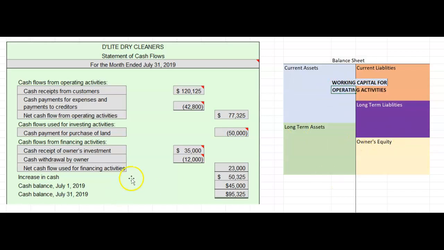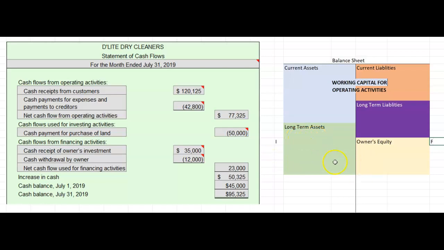Okay, then we've got, look at the one for investing activities. Remember in class we talked a little bit about this saying IF. So long-term assets are the I, and then long-term liabilities and changes in owner's equity, that is the F. Spells IF. So these are all investing activities, and all we can do in here is purchase assets or sell assets.